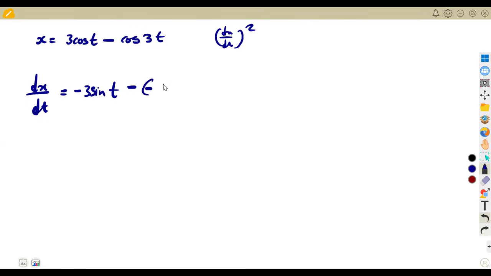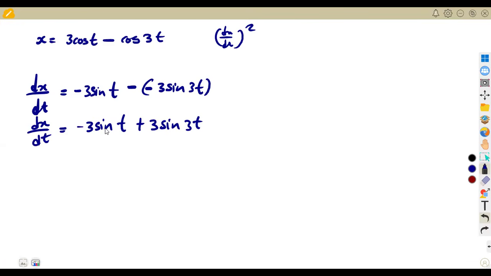So it's negative 3 sine 3t, like this, okay? So this is going to give us negative 3 sine of t, negative negative, that will be a positive. So this is positive 3 sine 3t, like this. So this is the derivative of x with respect to t. Okay, let's leave it like that.